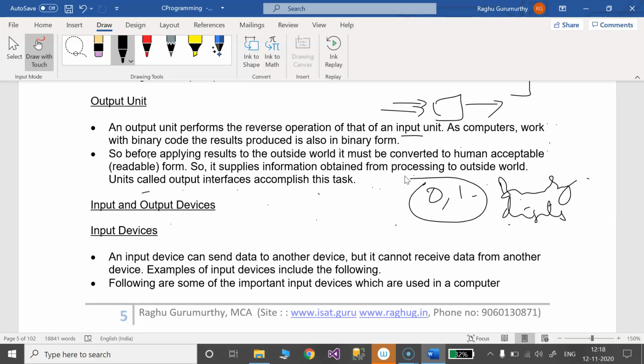The data is taken into the machine through input devices. Then the data is processed, which generates the desired results, and those results are showcased to the user through output devices. This is all about the block diagram of computer.